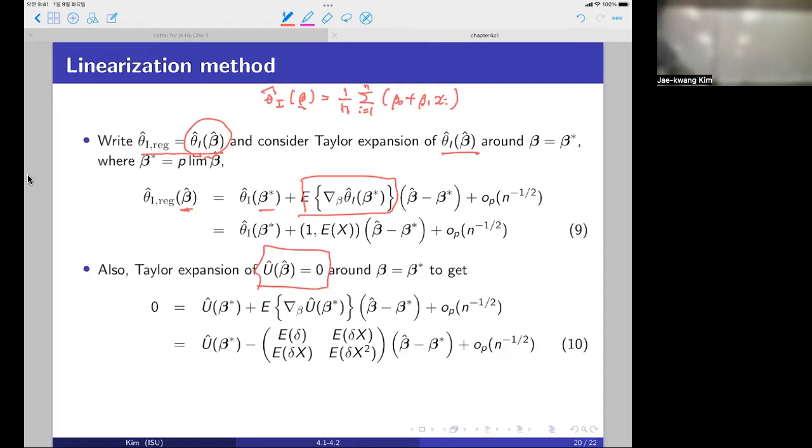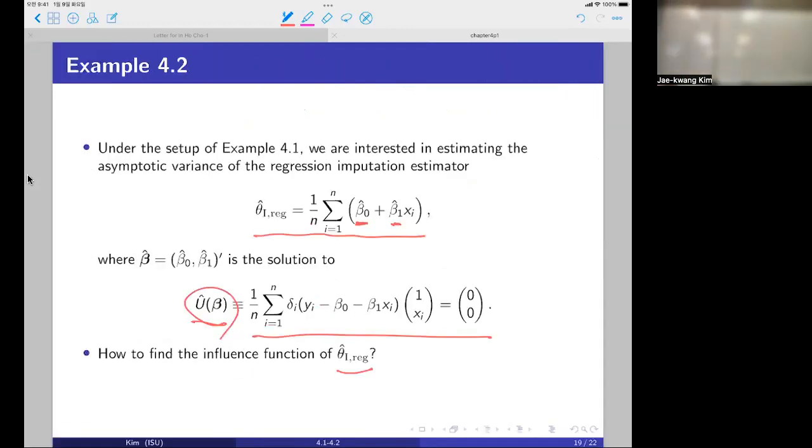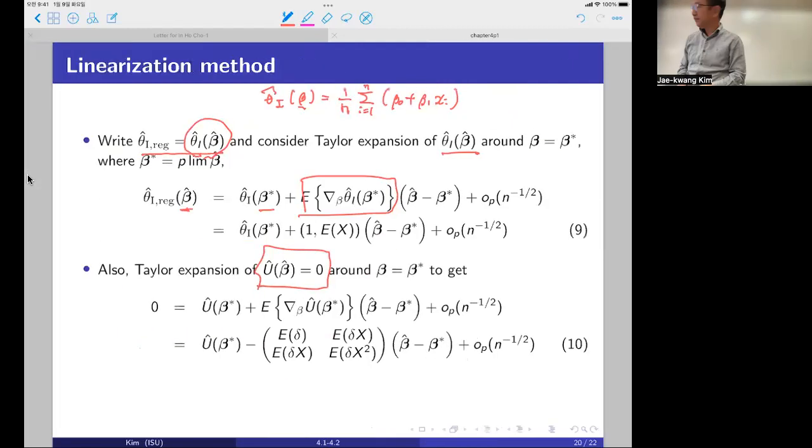Same thing for the second line, you take the partial derivative of this guy, delta times xi, and then delta xi squared. So that is this guy. So you have two equations.